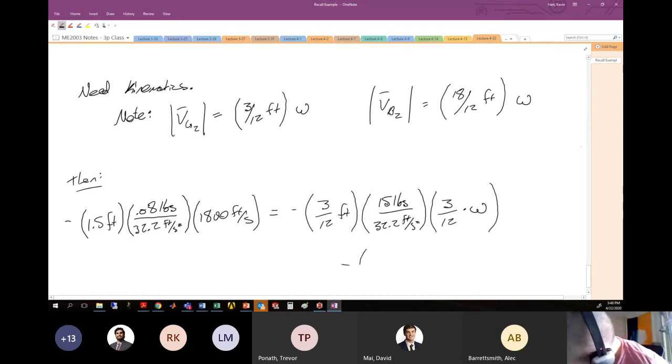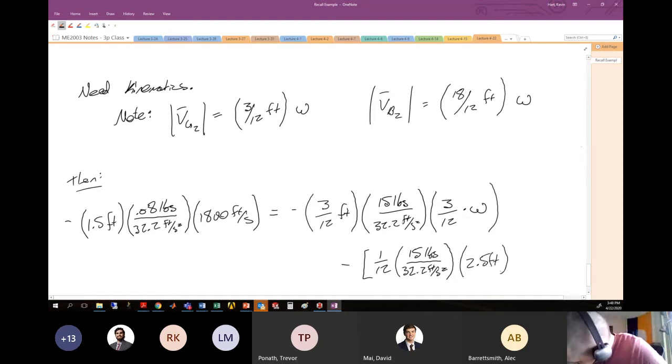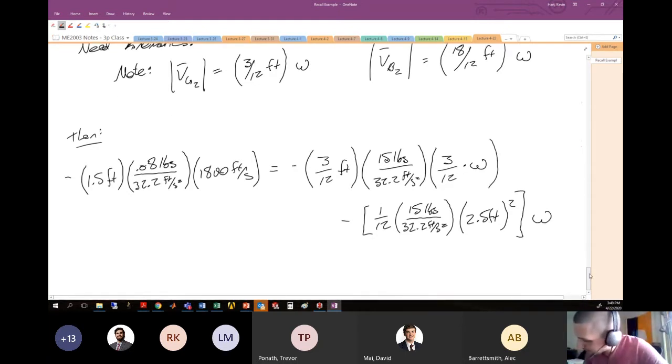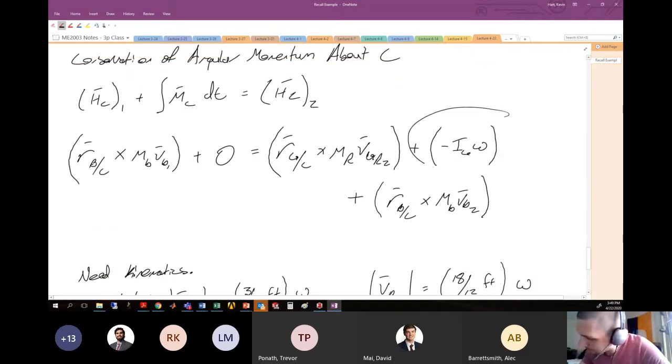Mass moment of inertia of the rod is 1/12 the mass of the rod, which is 15 pounds, divided by 32.2 feet per second squared, multiplied by the length of the rod, which we know is 2.5 feet squared. So this is like the IG term, 1/12 ml squared times omega. So that takes care of this term here.